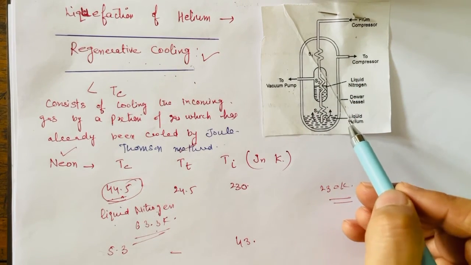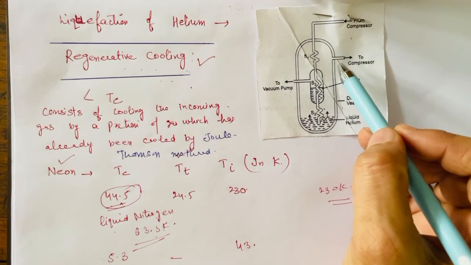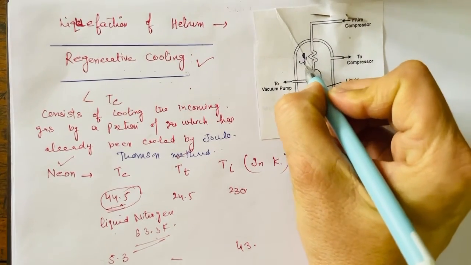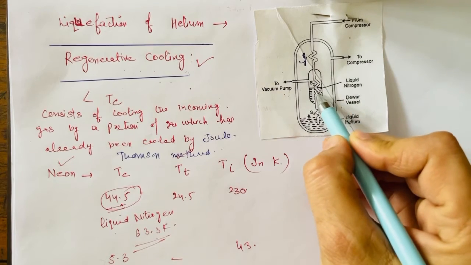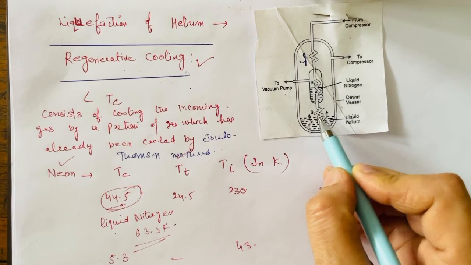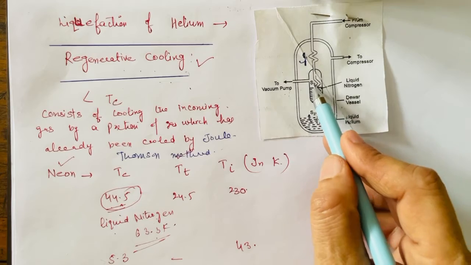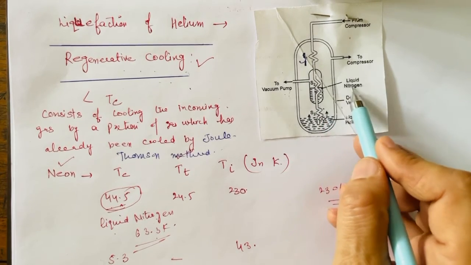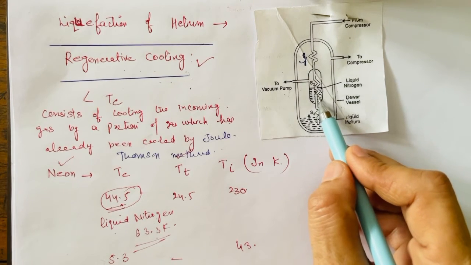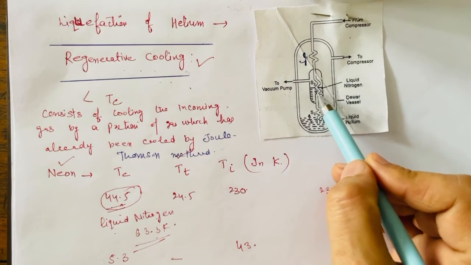The compressed helium gas is allowed to pass through a first spiral S1, then spiral S2, then spiral S3. The spiral S2 is immersed in liquid nitrogen boiling under reduced pressure. This is the nitrogen gas.